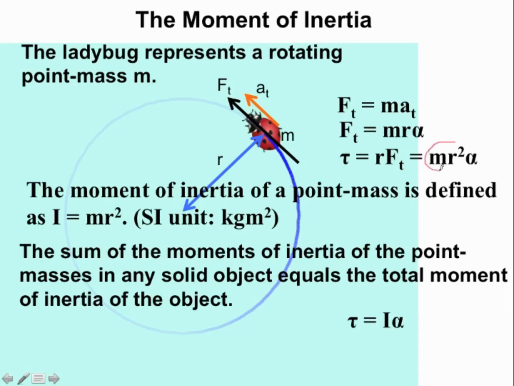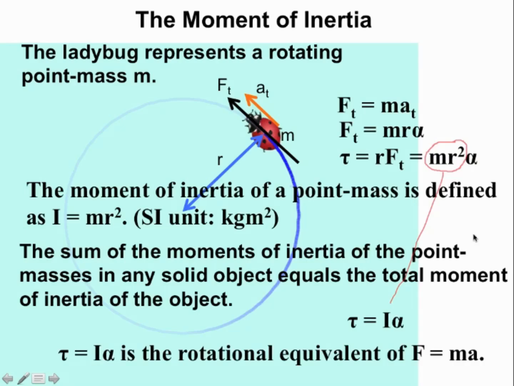And if I look at this mr squared, which is part of that equation, I can replace it now that I've defined moment of inertia. I can just replace it with the symbol I. And that's what I've done down here. So I have that mr squared being replaced by I by definition, and therefore torque equals I alpha.